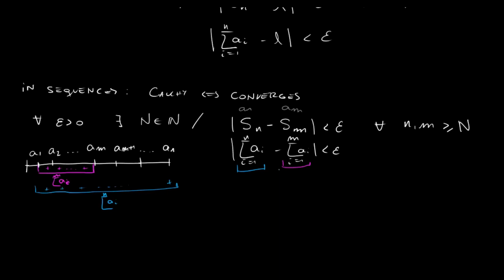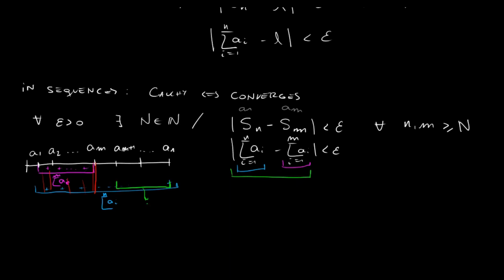So when we subtract the pink section from the blue one, we have to remove all these elements. And so the only ones we're adding up here are these ones.